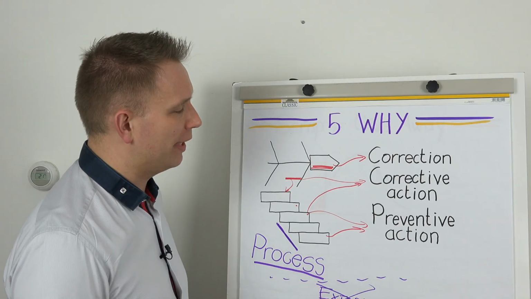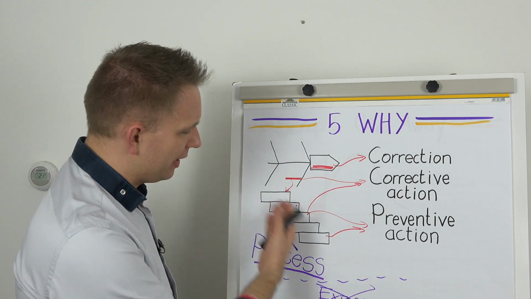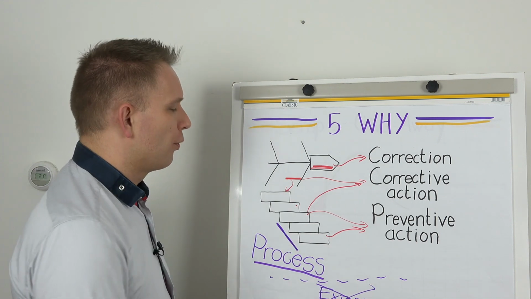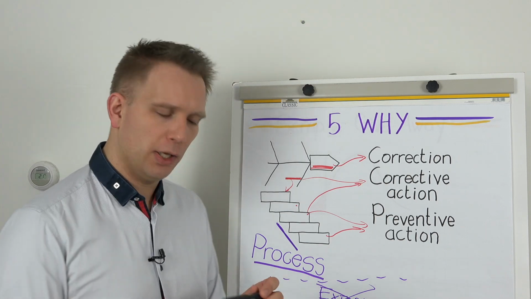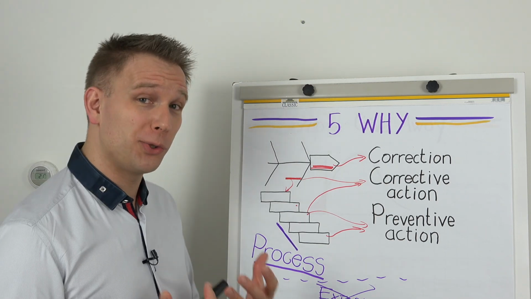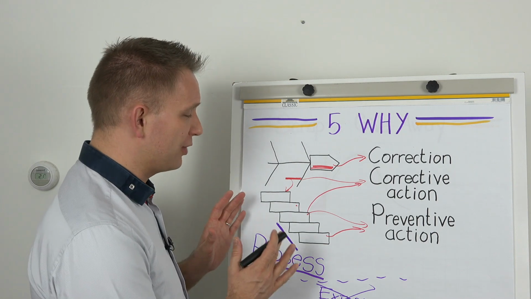Now let's talk about how do we then do the analysis and how do we basically write down the 5 whys. There is a lot of material about this on YouTube, on the rest of the internet, so do also check out different instructions.